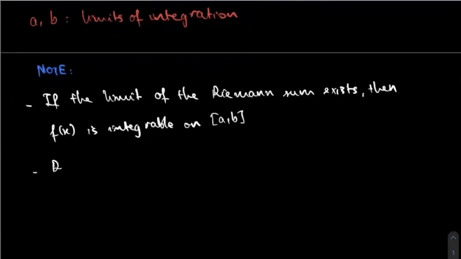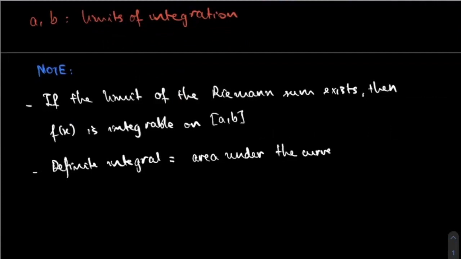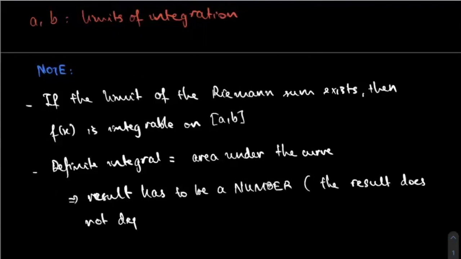And the definite integral that we have is actually equal to the area under the curve, the true value of the area under the curve. Therefore, the result when you evaluate the definite integral has to be a number. That means the result does not depend on x.